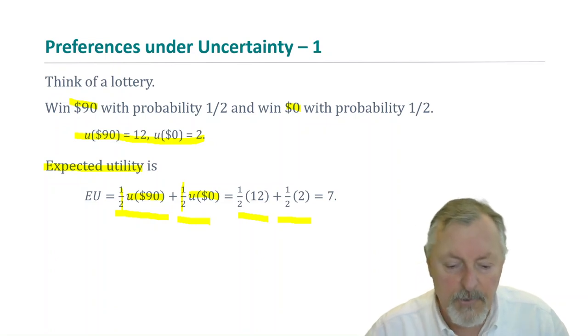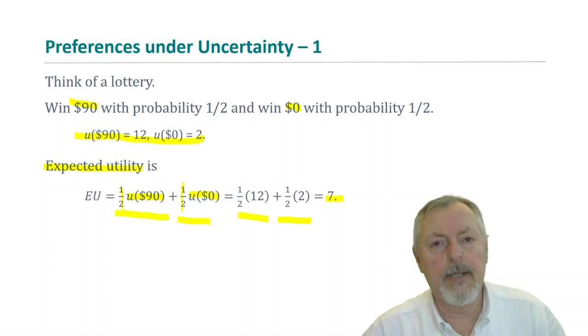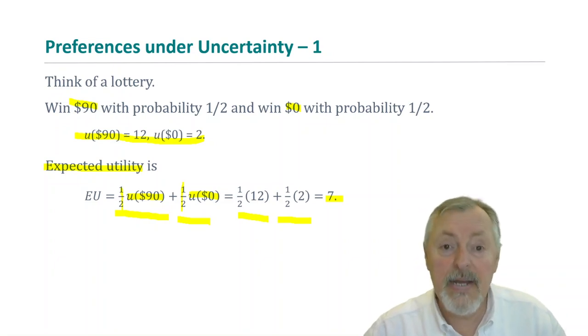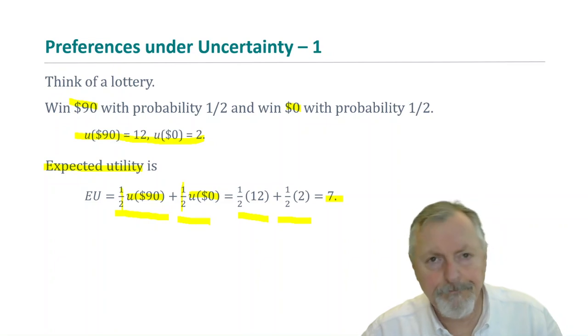One half times 12 plus one half times 2. Your expected utility over this combination of uncertain outcomes is 7.